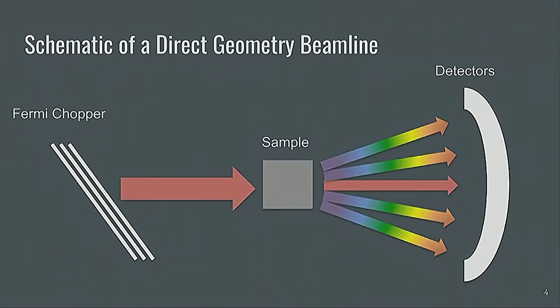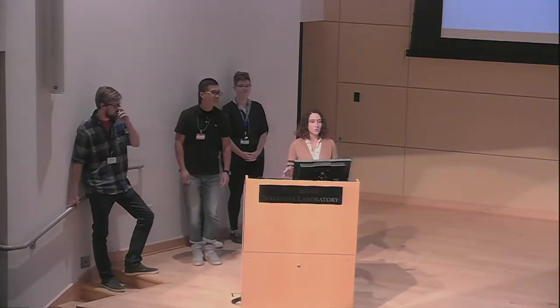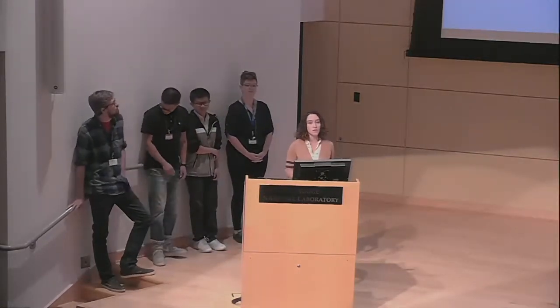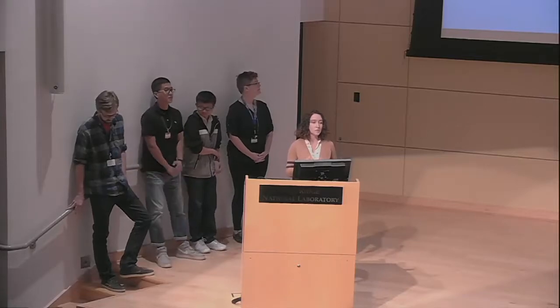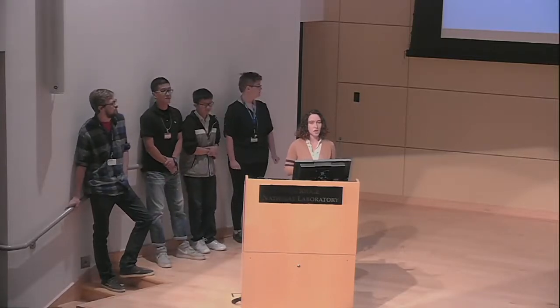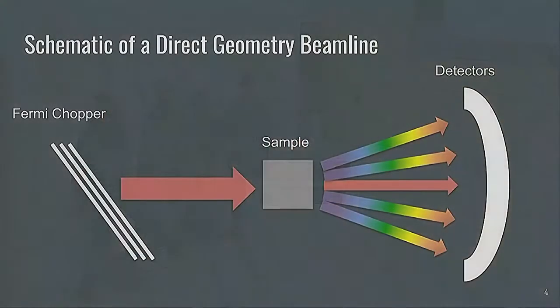We'll mention that we were looking at direct geometry beamlines, which all work on the same underlying principle: you have a polychromatic neutron beam that comes in and interacts with your Fermi chopper to generate a monochromatic neutron beam, depicted by this solid red arrow. These neutrons will then interact with your sample, scatter off of your sample, and hit the detectors.